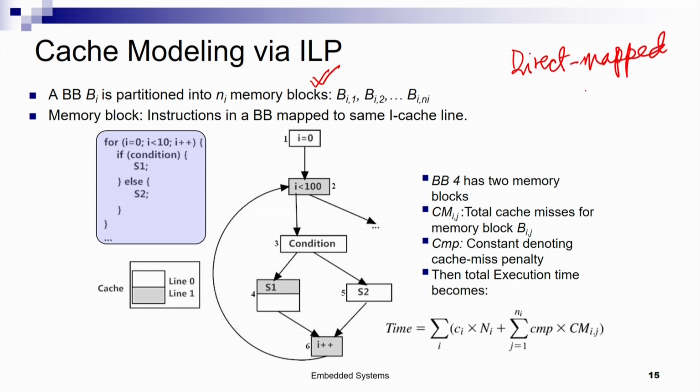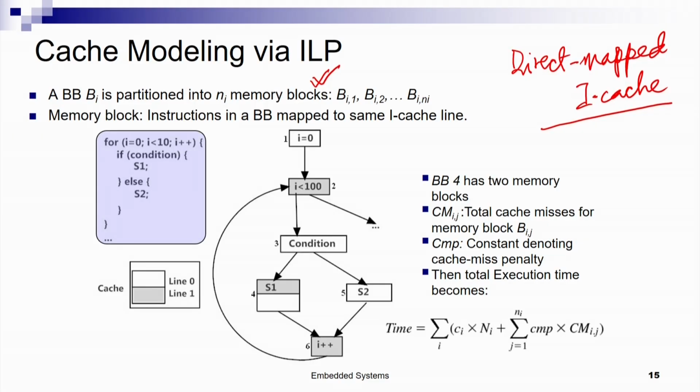In a direct mapped instruction cache, each block in memory can be stored in only a single cache line, as opposed to set associative caches and fully associative caches, where there can be multiple options for putting a block in memory into a cache line. So, a basic block BI is partitioned into NI memory blocks BI1, BI2 up to BINI.